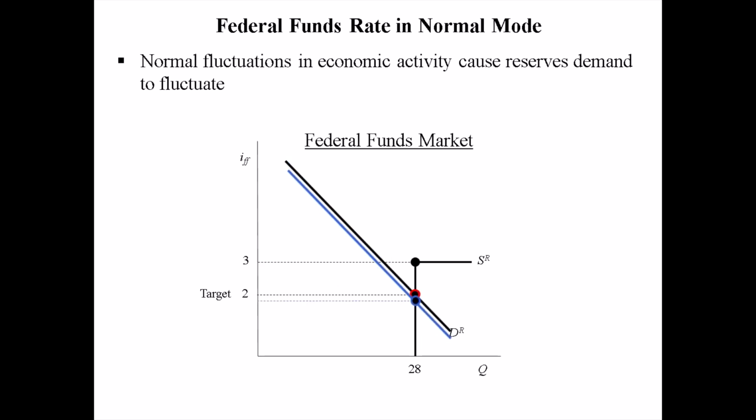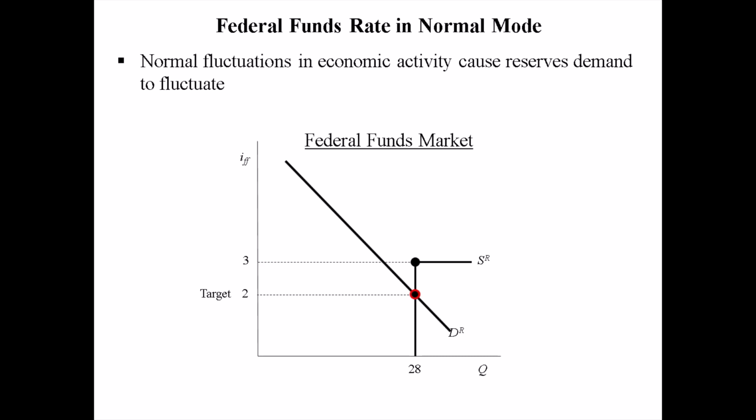So if the Fed does nothing as demand is cycling like this, interest rates will fluctuate. So the Fed, through the New York Fed, has to constantly do open market sales and purchases to keep the federal funds rate at its target. The way it does this is, when demand is high, it does an open market purchase to push interest rates back down to the target.